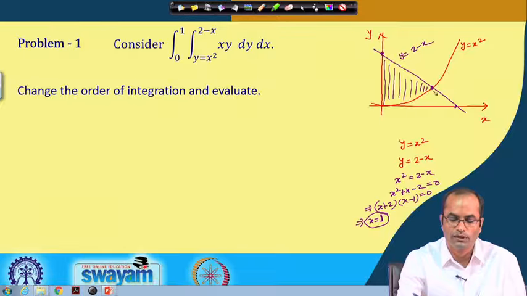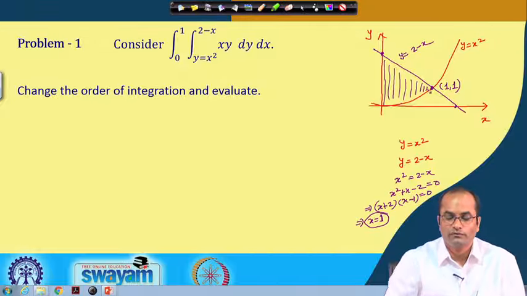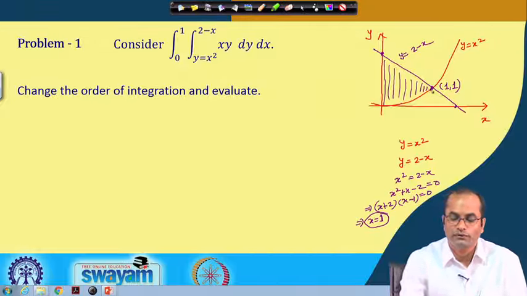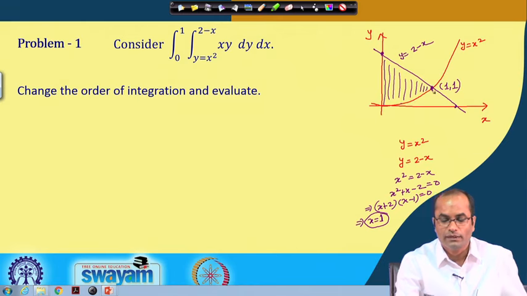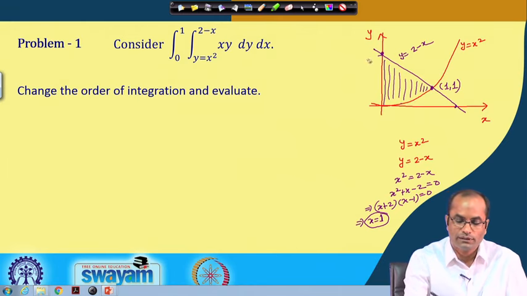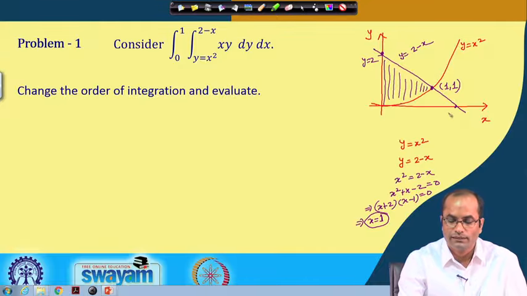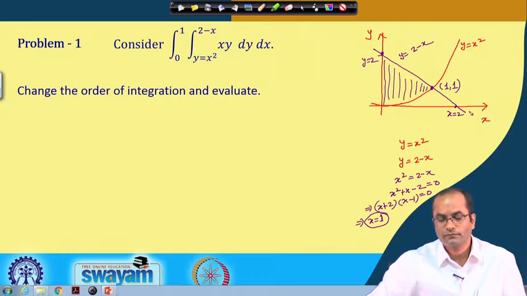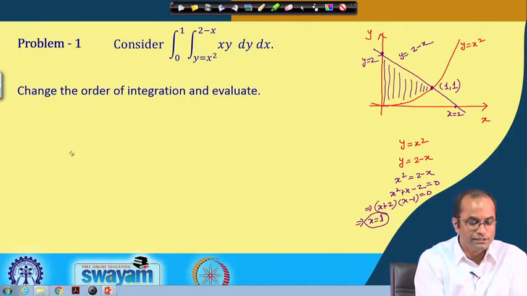So, x is equal to 1 and y will be also 1. So, this point of intersection here is (1, 1), and at this point here the value of y is 2. So, y is 2 and here x will be 2 and y is 0. So, we have all the coordinates, we can change the order now.